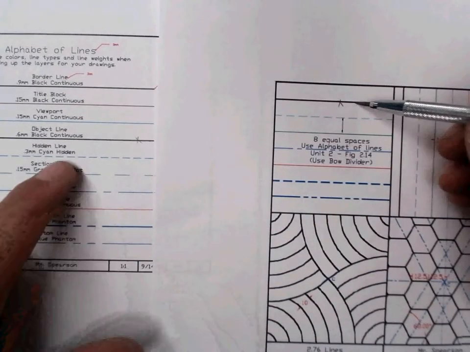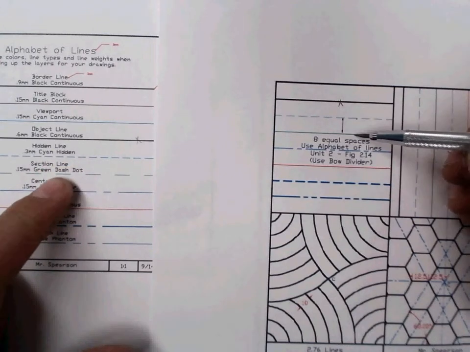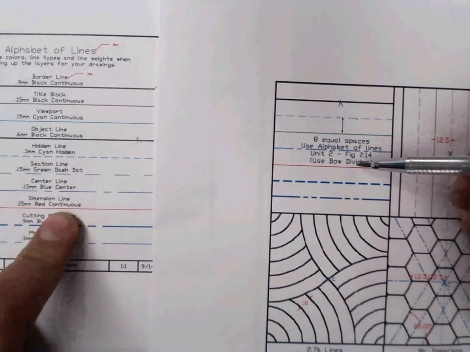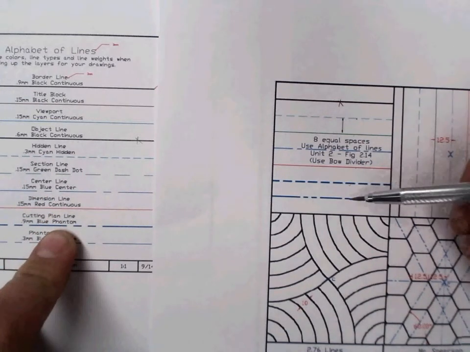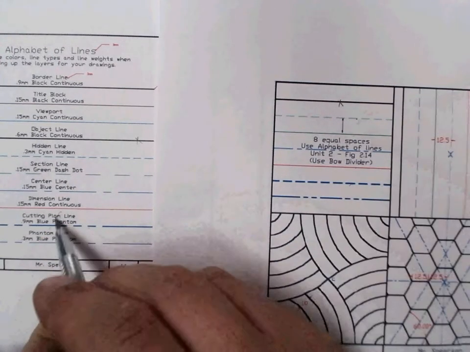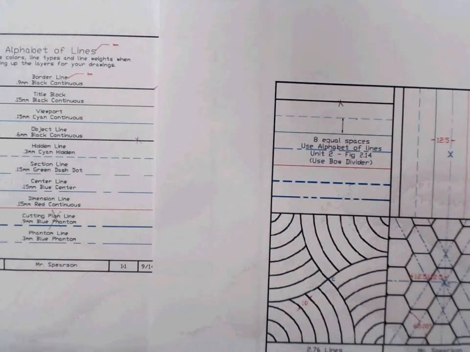Then it's a hidden line, then it's a section line, then it would be a center line, a dimension line, a cutting plane line. Oh, these are a little off. A cutting plane line looks like that. So, wow, I gotta fix this. And then a phantom line. Make sense?